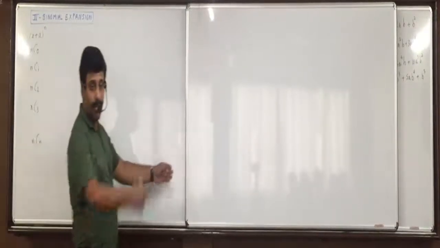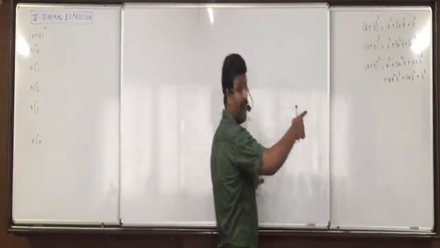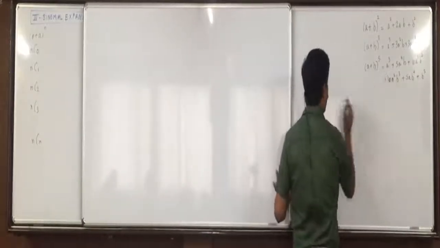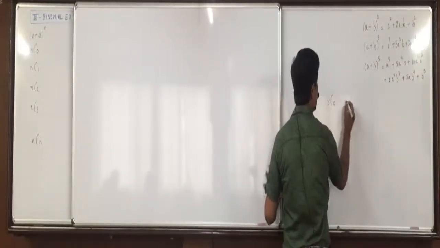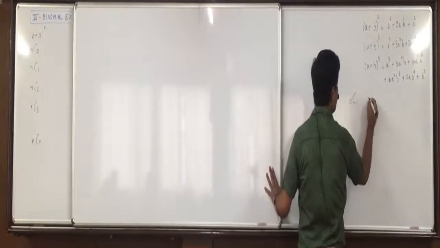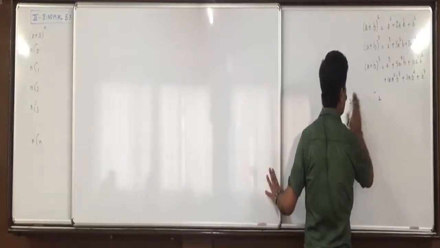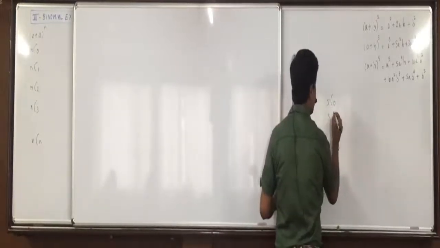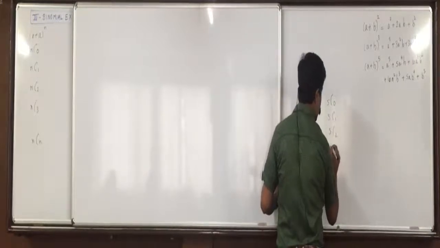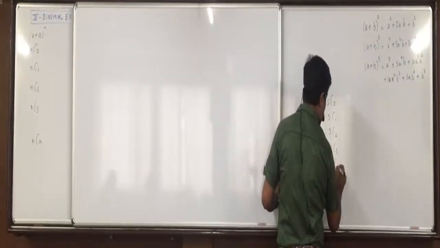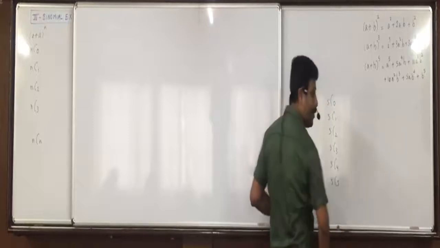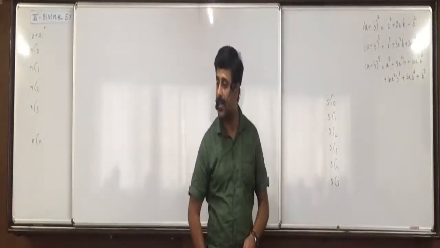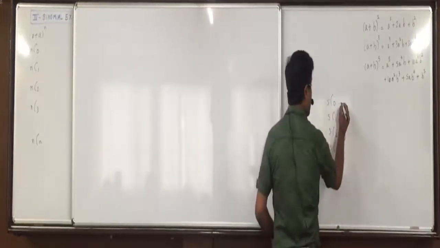Like in the question I solved, the power was 5, so the coefficients will be 5C0, 5C1, 5C2, then 5C3, 5C4 and 5C5. Did everyone understand this?